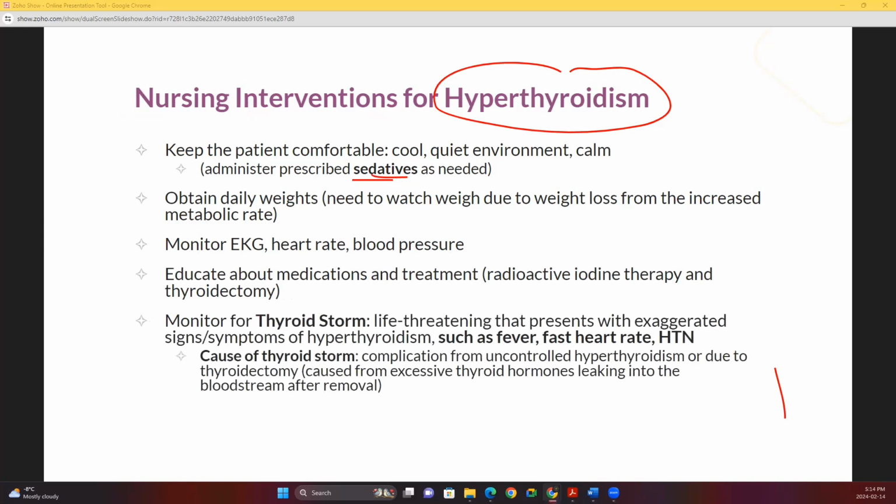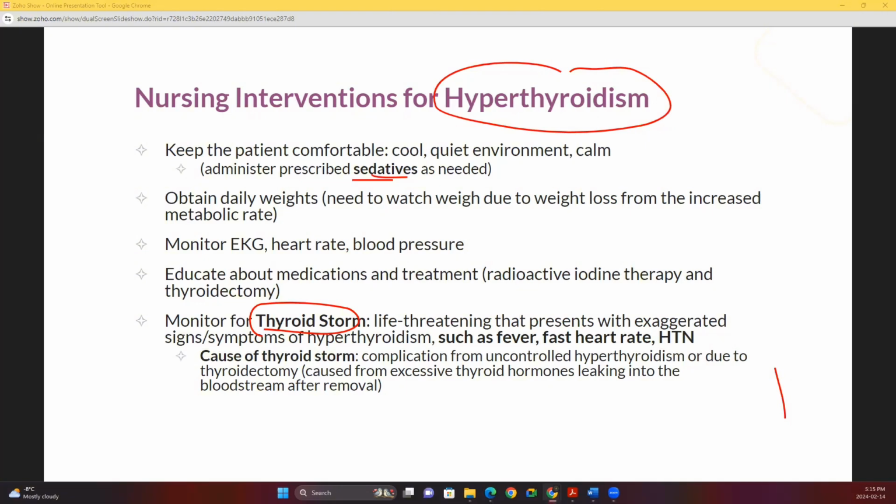Monitor for thyroid storm. Just like myxedema coma, what is happening? Myxedema coma means when your thyroid is hypo, less, and if it is super low, it is known as myxedema coma. And if you have high thyroid, and if it is super high, we call it thyroid storm. A storm of thyroid is happening.